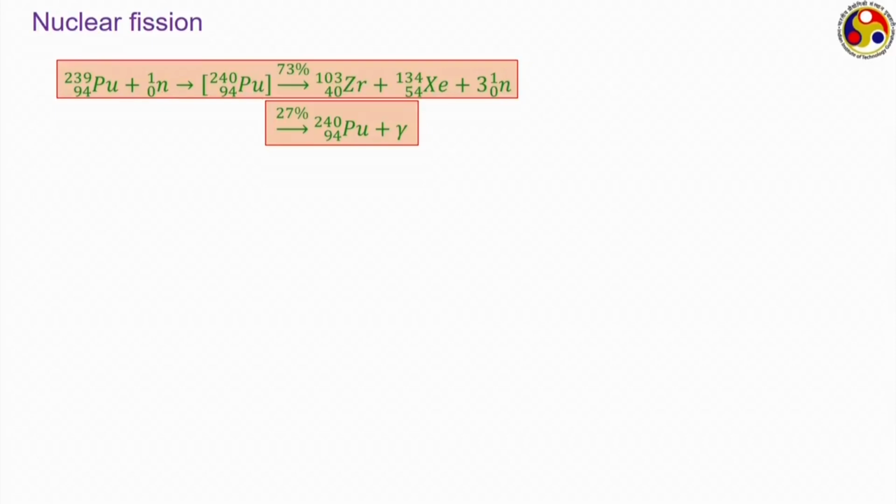Now, how can we calculate these percentages? We already know the corresponding cross sections, and that idea can be used. For plutonium-239 corresponding to thermal neutrons, that is neutrons having energy of approximately 0.025 electron volt, its fission cross section is 750 barns, and the capture cross section, that is the non-fission capture cross section, is approximately 270 barns.